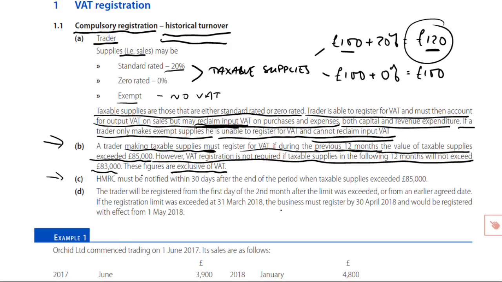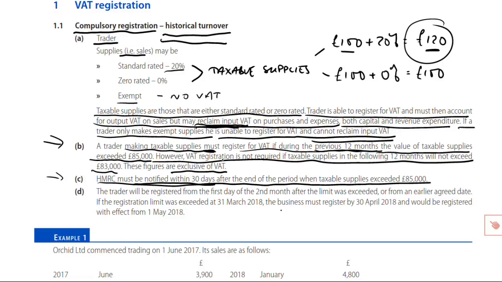Here in Note C, HMRC must be notified within 30 days after the end of the period when those taxable supplies have exceeded 85,000, on any cumulative rolling total for a period of no more than 12 months. At that point, HMRC must be notified within 30 days of the end of the period.